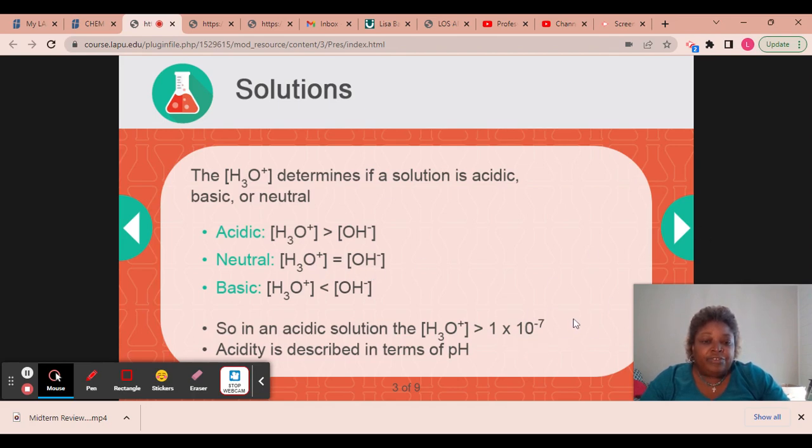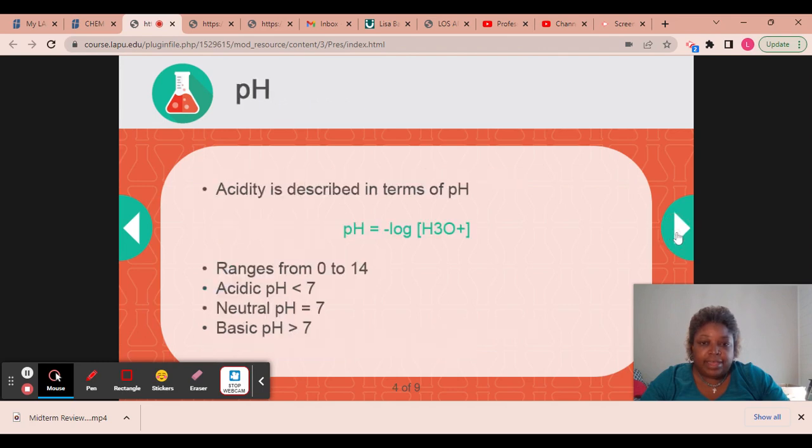The value for the concentrations, 1.0 times 10 to the negative 7, if they are both that value, then it's going to be neutral. If H3O plus is greater than that value, then it's going to be acidic. If it's less than that value, it's going to be basic. Okay.